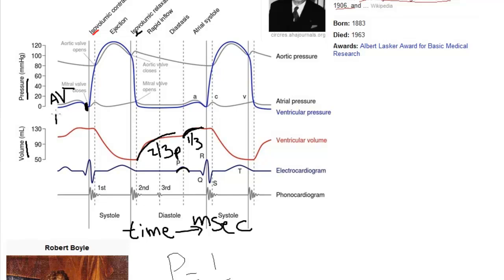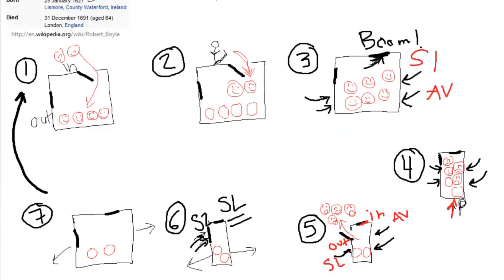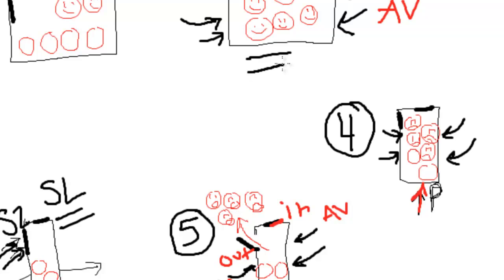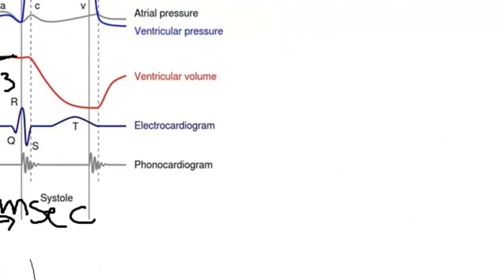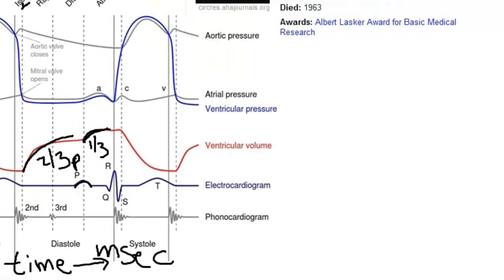AV valve was the indoor. So everybody's in, right? Let's go look at that picture. Now everybody is inside. Boom. We close. That's the AV, that's the mitral valve. So we get mitral valve closes.